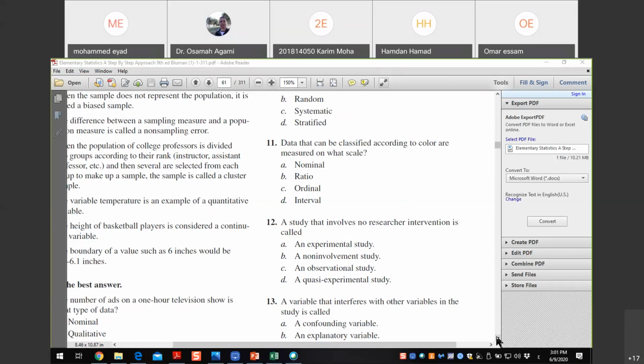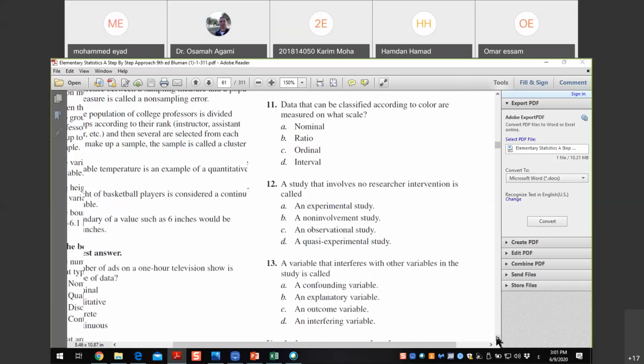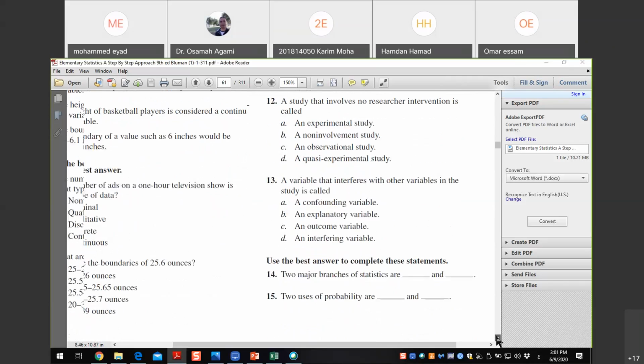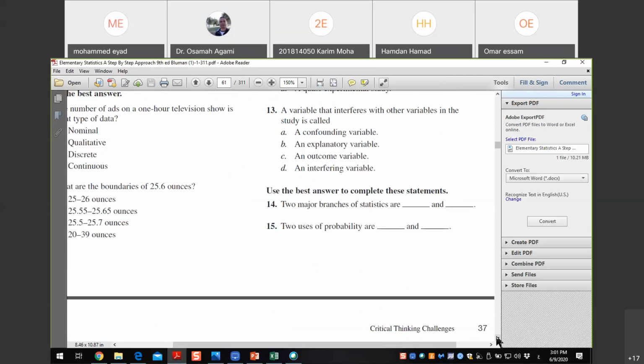Number 12. A study that involves no researcher's intervention is called an experimental study. Forget about this question. Go for 13, please. A variable that interferes with other variables in the study is called... Is this confusing?